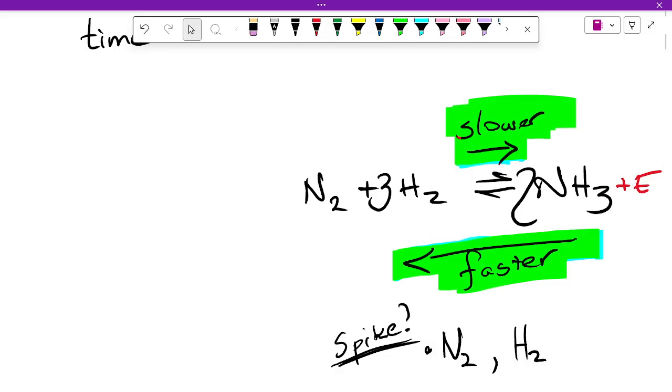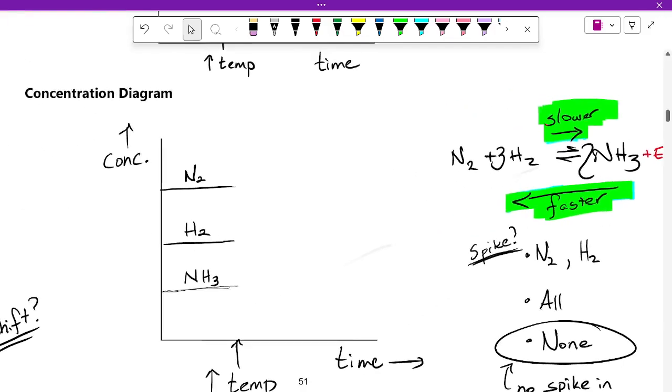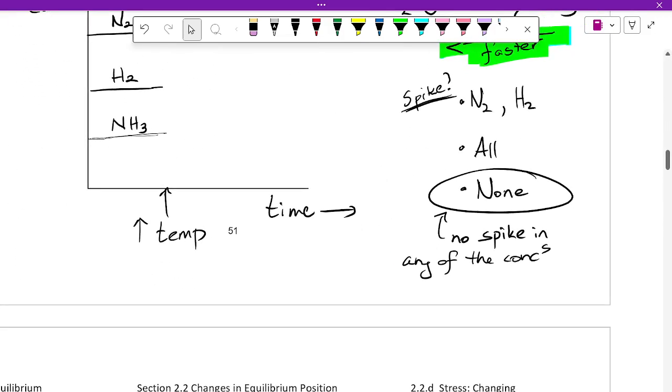Okay? When you change concentration or when you change pressure, the system is shifting to keep the ratio of the concentration of products to the concentration of reactants the same.